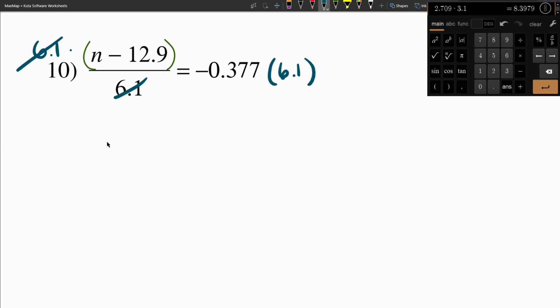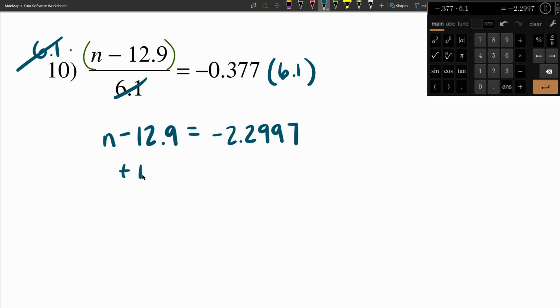6.1 divided by 6.1 is 1, and 1 times n minus 12.9 is just n minus 12.9. And then doing the multiplication out on our calculator, since we already have it pulled up, negative 0.377 times 6.1 is going to equal negative 2.2997. Now our last step is just to add 12.9 to both sides.